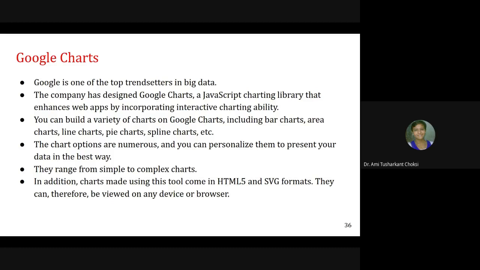They range from simple to complex charts. In addition, charts made using this tool come in HTML5 and SVG formats. They can therefore be viewed on any device or browser.